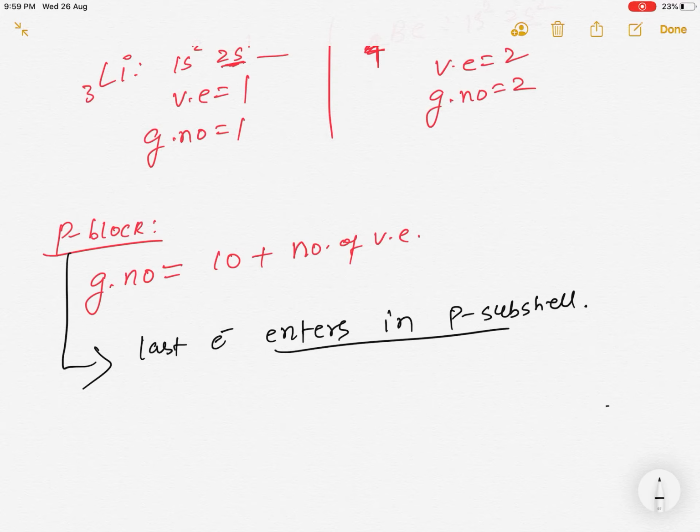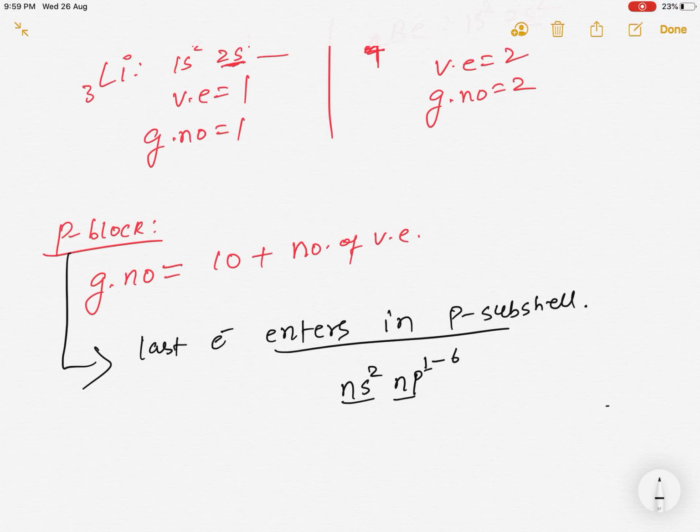But before filling the P subshell, do you have to fill the S subshell of the same shell? Yes. You have to fill the S subshell first, then only you can move to the P subshell of any shell. So for any P block element, the outermost configuration should look like ns2 np1 to 6.